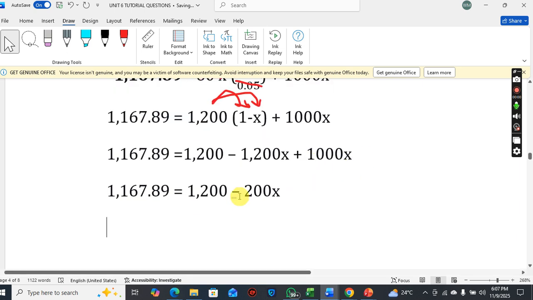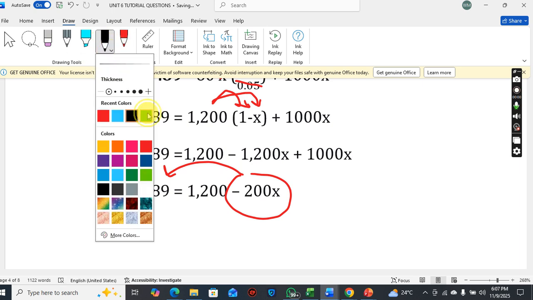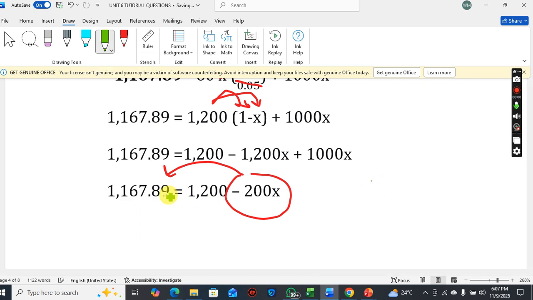Okay, then to get the value of x, we have to again put like terms together. So what we can do is this negative 200x can go this side, and then this 167.89 can go this side. Or if you want, you can just take this 1200, it goes this side.